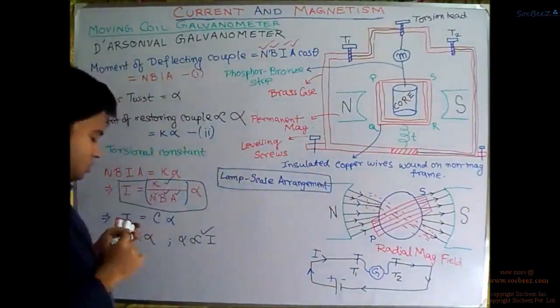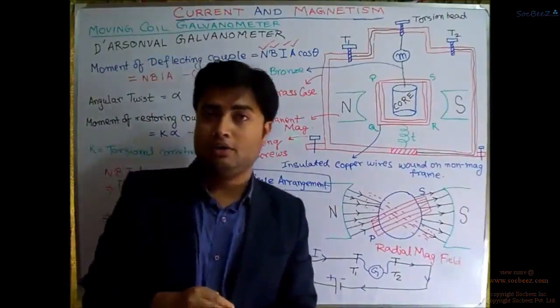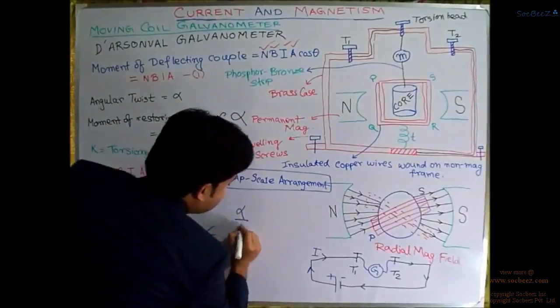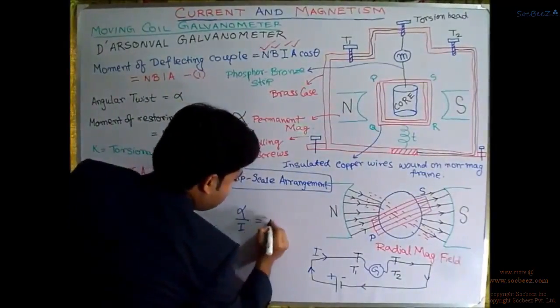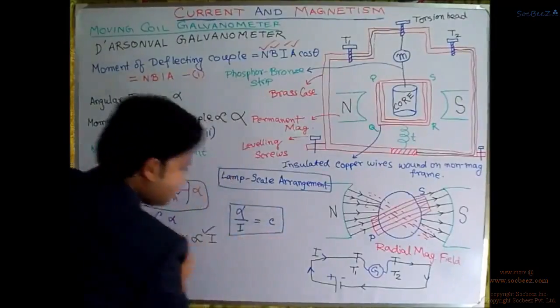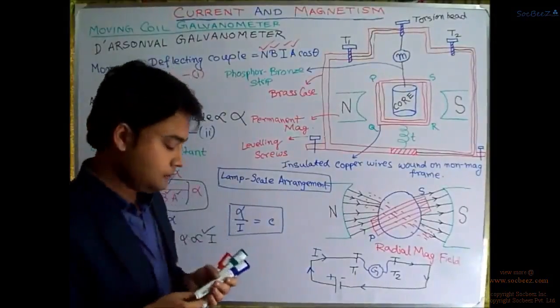And since we know that alpha is directly proportional to I, which means that alpha divided by I is simply a constant, we can use a linearly calibrated scale.